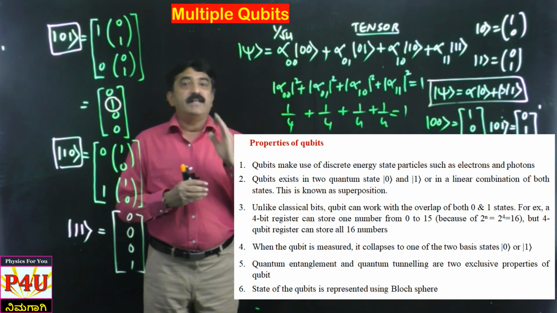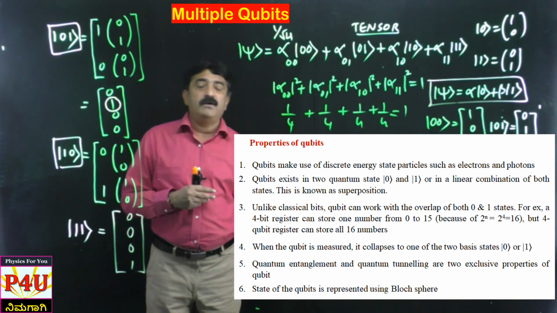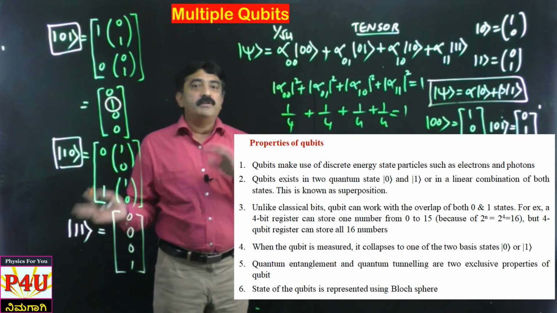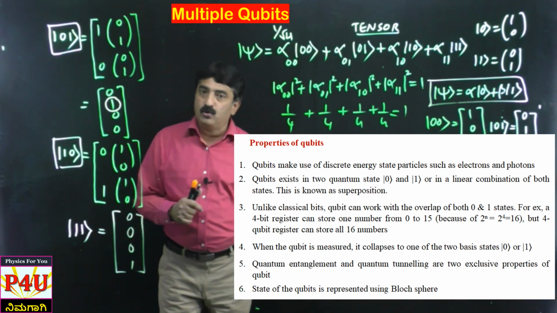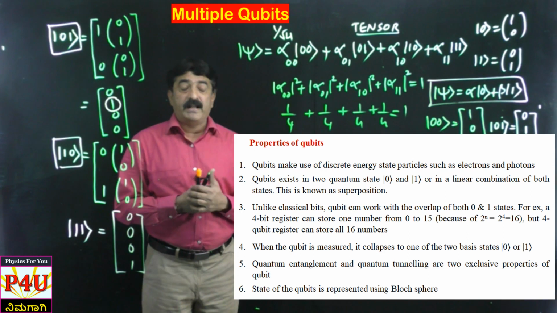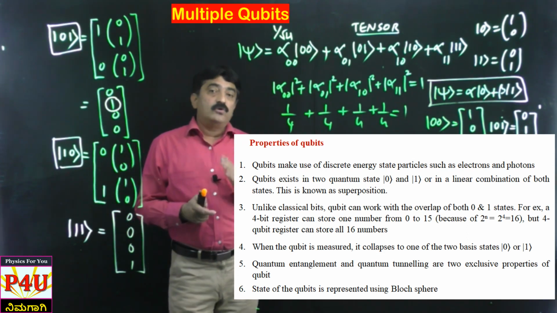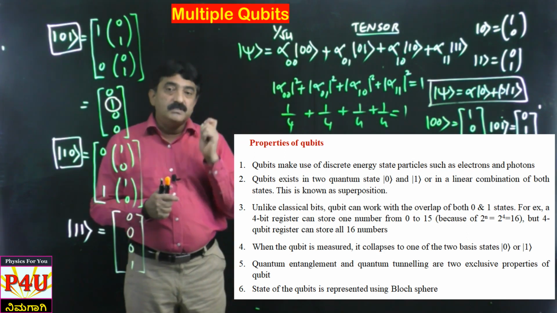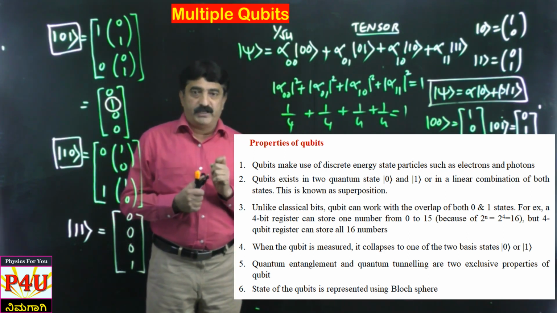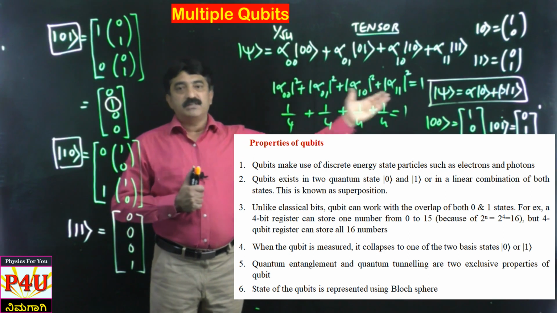Next, qubits can exist either in the 0 state or in the 1 state or a linear combination of 0 and 1, anywhere from 0 to 1. So multiple combinations they can have. I am just summarizing whatever we discussed so far. Suppose there are 2 to the power of n operations, all 2 to the power of n operations we get.